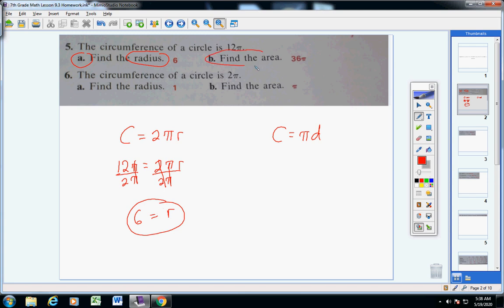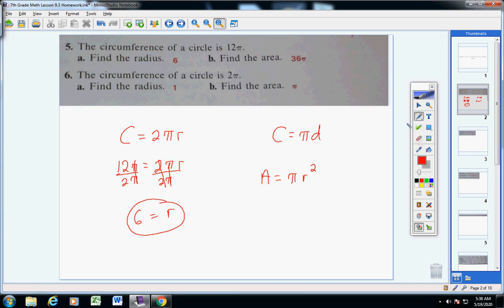Now find the area. Well, we know how to do that. We find the area of a circle: pi r squared. Now, on a test, please don't get worried. Please don't freak out. They should have told you right here to leave pi, and they didn't. On the test, I will.